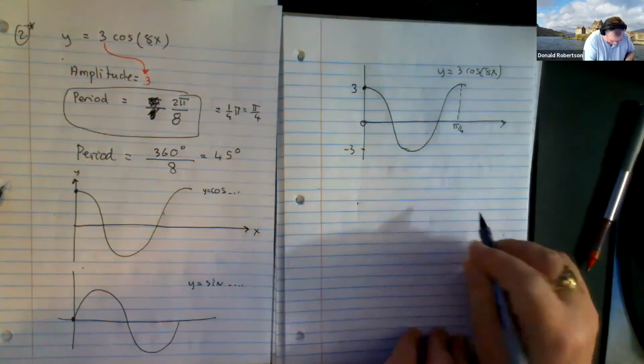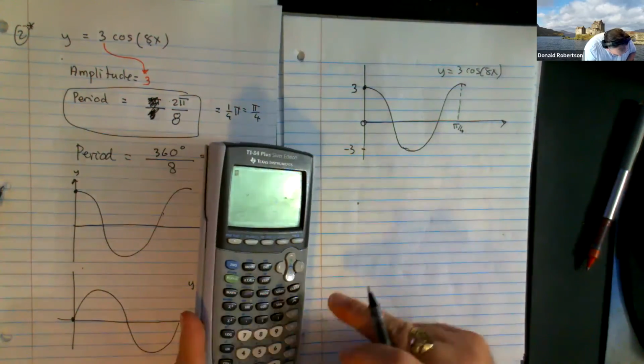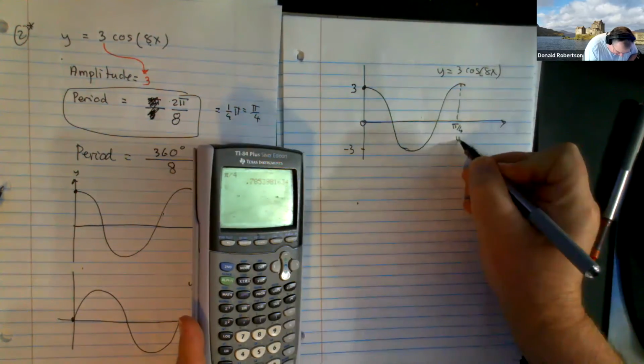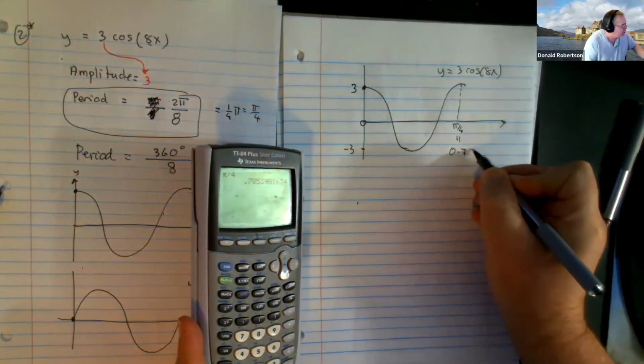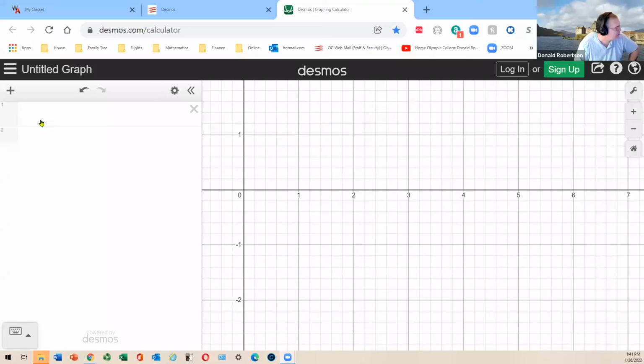I'm going to do a little quick calculation here because I want to check this. That number is roughly 0.79 radians. I'm going to nip over and do Desmos. With a bit of luck, Desmos is going to agree with me. So where are we? Basic on here.